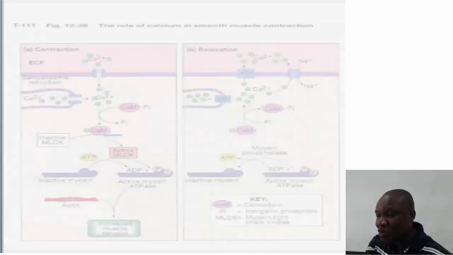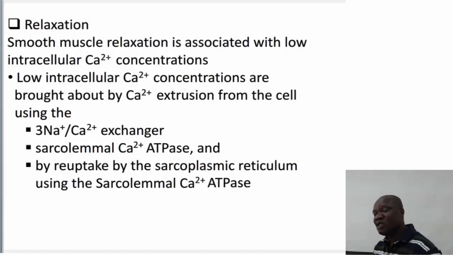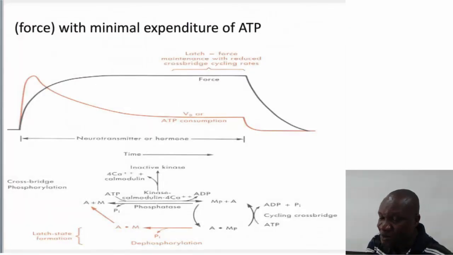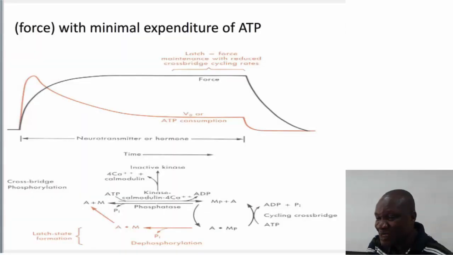Now, when calcium concentration falls in smooth muscle at a certain concentration, the myosin light chain becomes dephosphorylated.